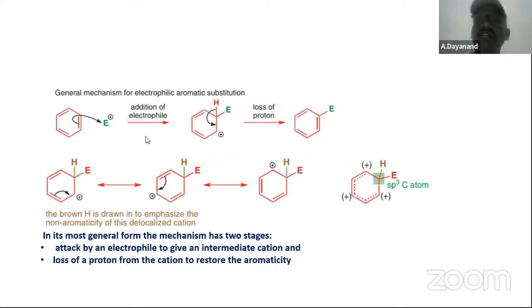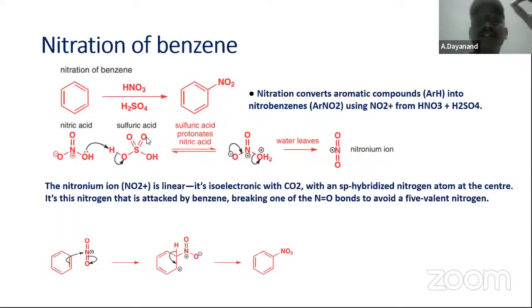Okay, for any reaction, if you take nitration or Friedel-Crafts alkylation or Friedel-Crafts acylation, or sulfonation, all these are nothing but electrophilic substitution reactions on benzene. They are called aromatic electrophilic substitution reactions. Nitration of benzene. What is important here?